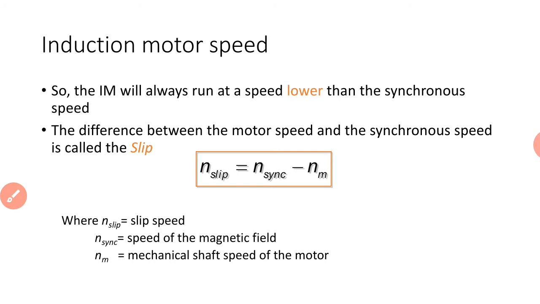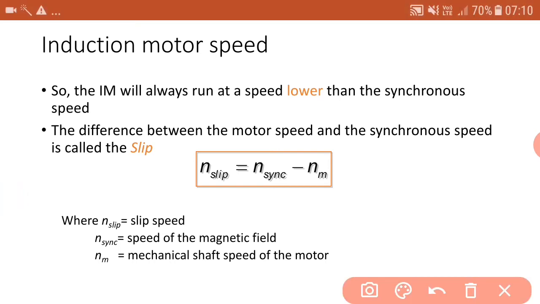Induction motor speed. The induction motor will always run at a speed lower than the synchronous speed. We already discussed this. The difference between the motor speed and the synchronous speed is called the slip.